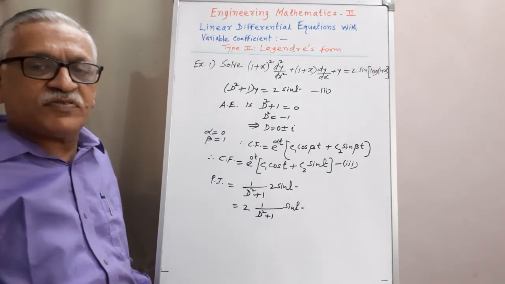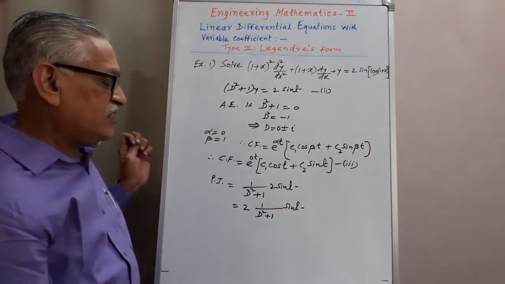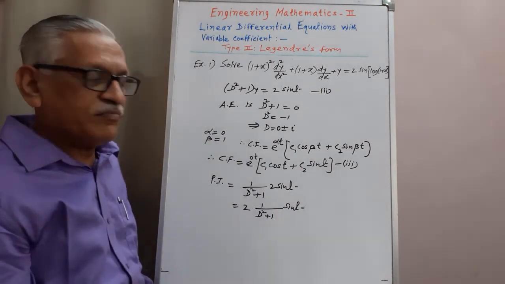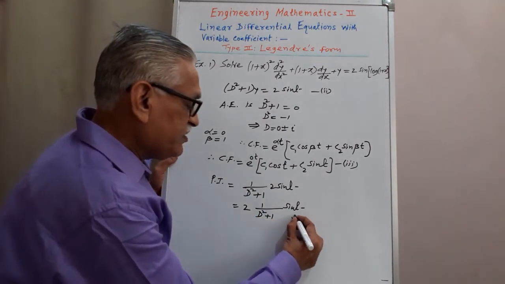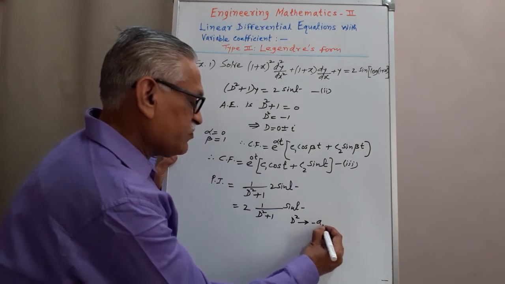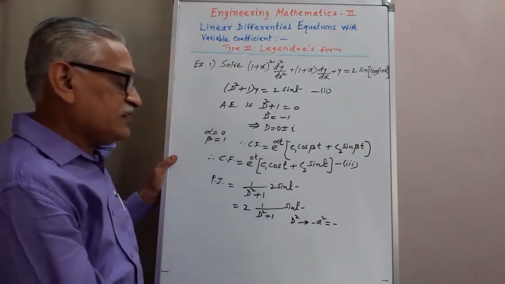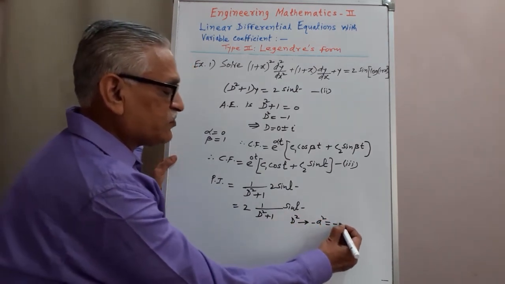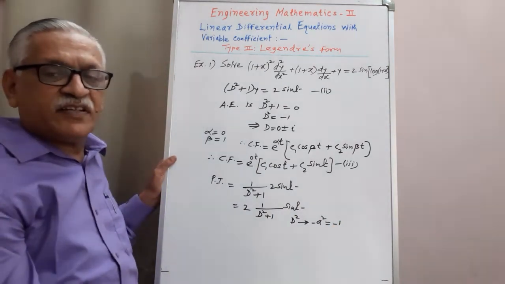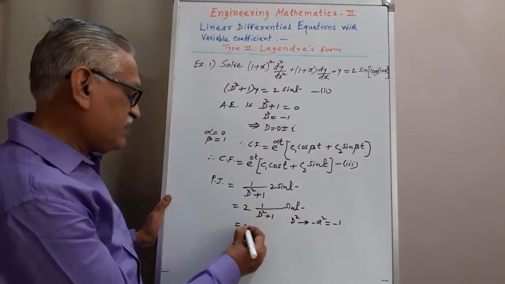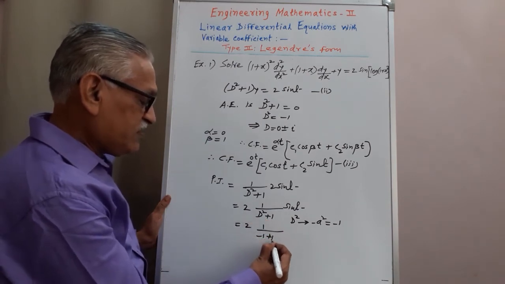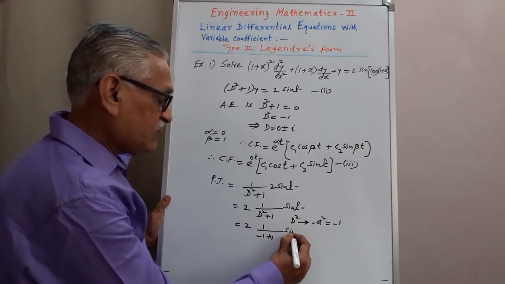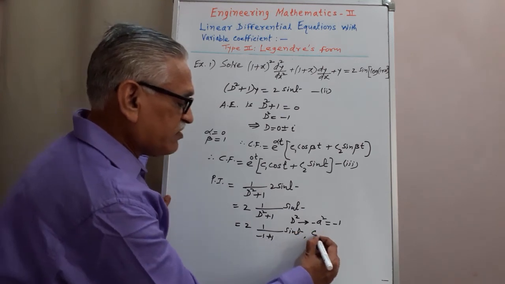As it is in sine or cosine form, case number 2 for PI, where we have to replace D square by minus a square. The value of a is 1, therefore replacing D square by minus 1, we get 2 times 1 upon minus 1 plus 1, it becomes 0, which means the case fails.